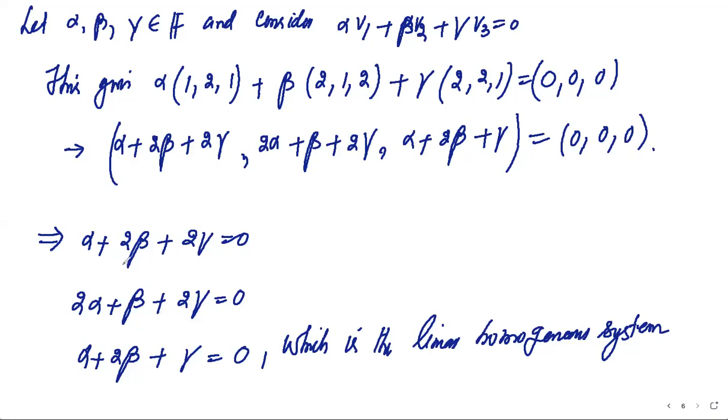Matrix form. तो इसको हम लिखेंगे matrix form exactly. So we put this system, this is equivalent to Ax equal to 0.